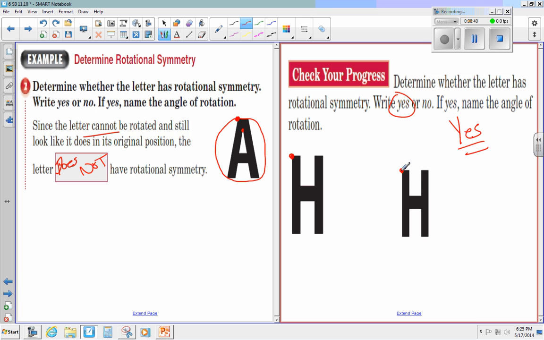The question now is, what is that rotation? Well, originally, in the first example, we drew a line segment from there to the origin, and then a new line segment from the origin to the new point. And what you've now drawn is a straight line. If it's a straight line, the rotational symmetry is 180 degrees.